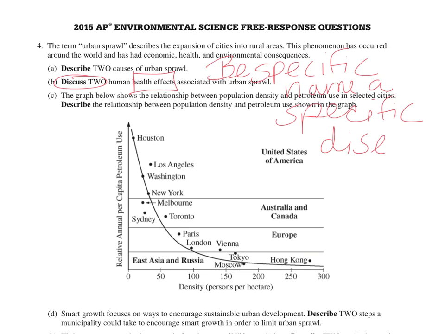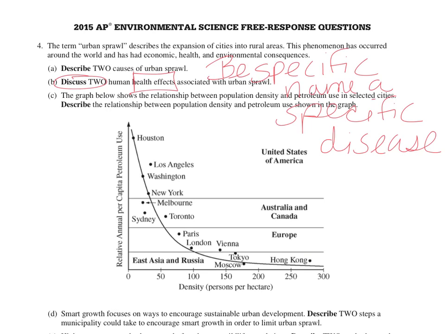You would have to say heart disease, cardiovascular disease, or diabetes from stress, or something like that. With the air pollution, you would need to say air pollution such as asthma. So asthma is the actual disease. Most years they will have a health effects question. So please name a specific disease.